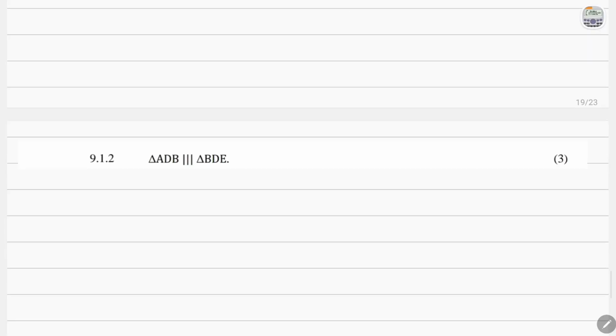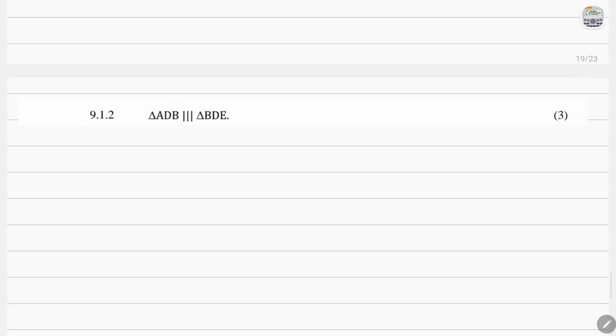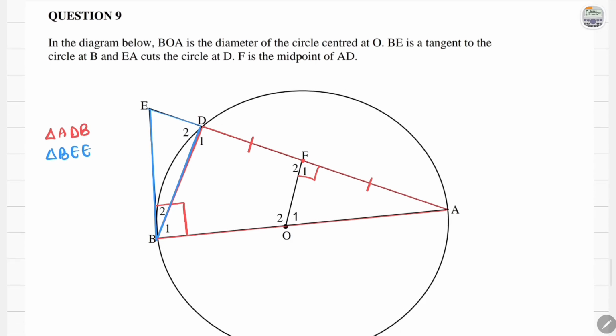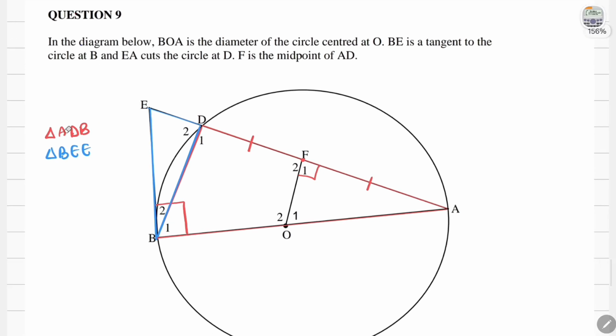Now, here's the thing. When they name it for you, it's already enough of a guide for you. So ADB, BDE, right? We know that it is triangle ADB and triangle BDE. So this is already a guide for you to see which angles would be equal. So you're looking at angle A in the red triangle and angle B in the blue triangle. And then you're just looking at them and asking yourself, why would they be equal? So looking at those two, why is this equal to this?